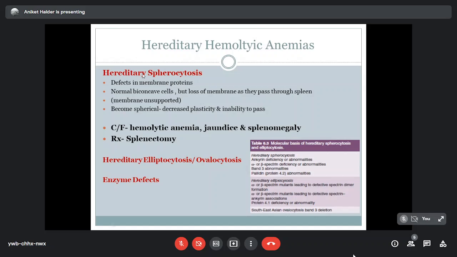So anemias. In hereditary spherocytosis, there is mainly a defect in the membrane proteins. These membrane proteins are mainly ankyrin, spectrin, or band 3 proteins, or protein 4.2.